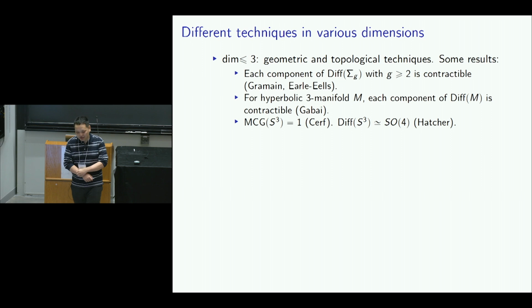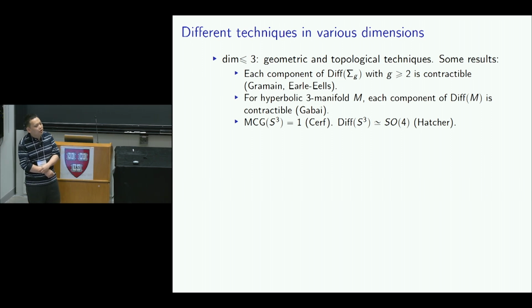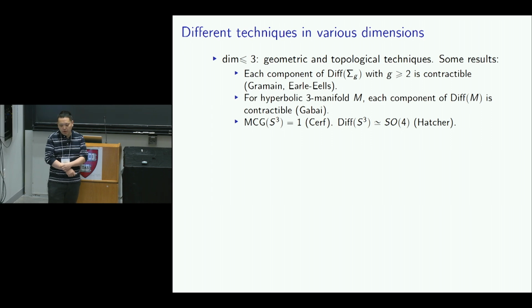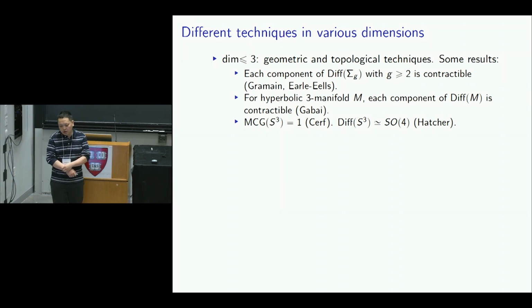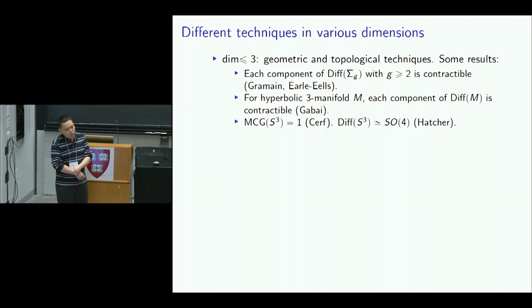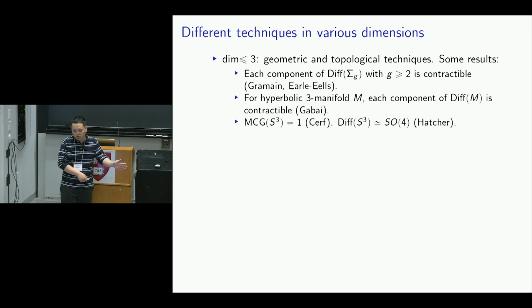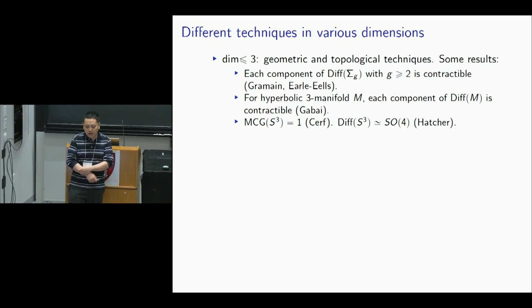So the mapping class group of the 3-dimensional sphere is trivial. That means every orientation preserving diffeomorphism on S3 is smoothly isotopic to the identity. And also, Hatcher proved that the inclusion from the isometry group of S3 to its diffeomorphism group is a homotopy equivalence.